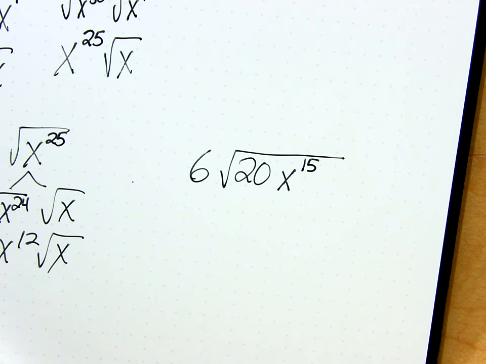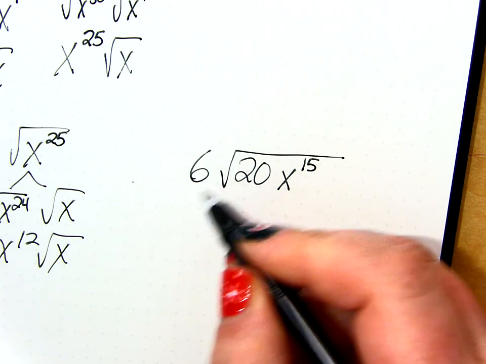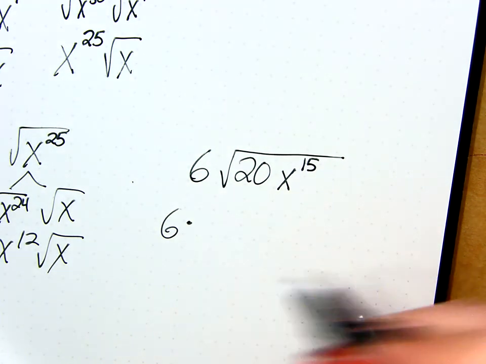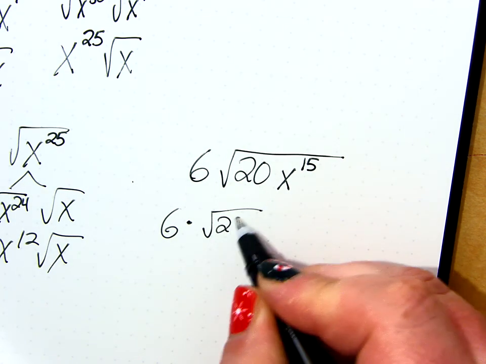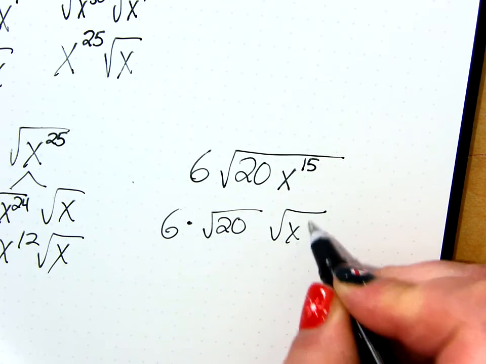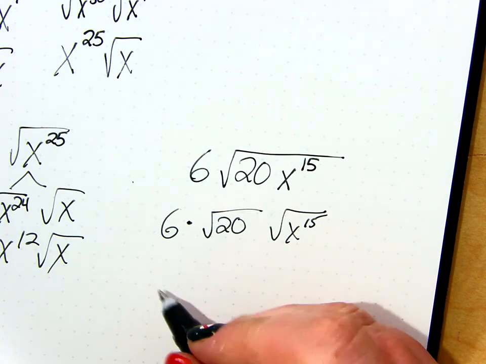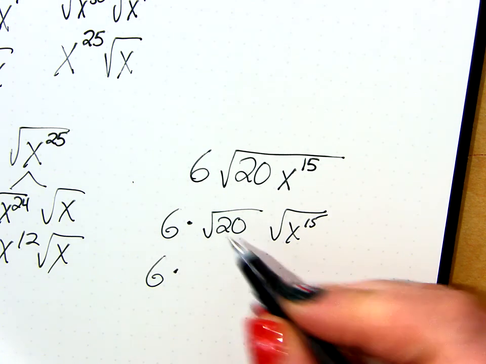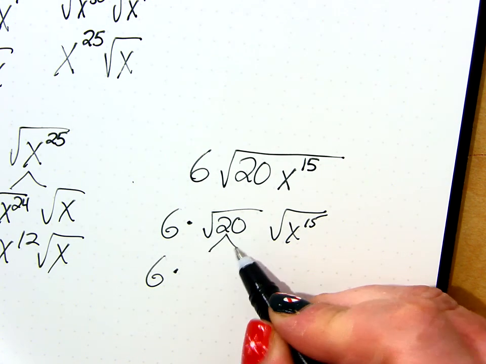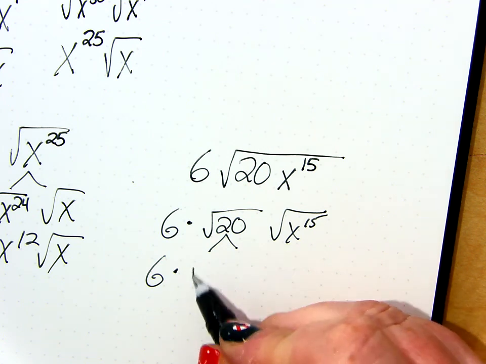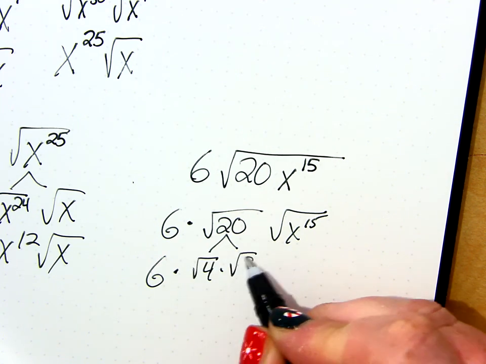Okay, we got an answer? So, what happens with this 6 out in front? Nothing really. It's just gonna be part of your answer, right? You're just gonna multiply it at the end with all the other stuff. So for now, I'll just keep bringing the 6 down. 20 is not a perfect square, but I can break it up into square root of 4 times square root of 5.